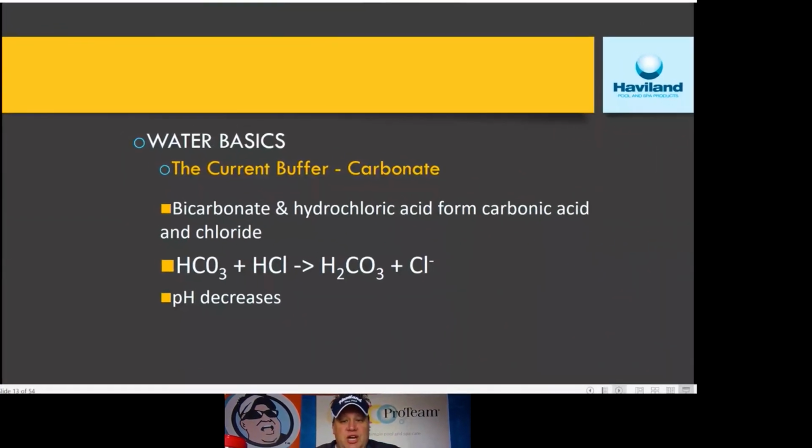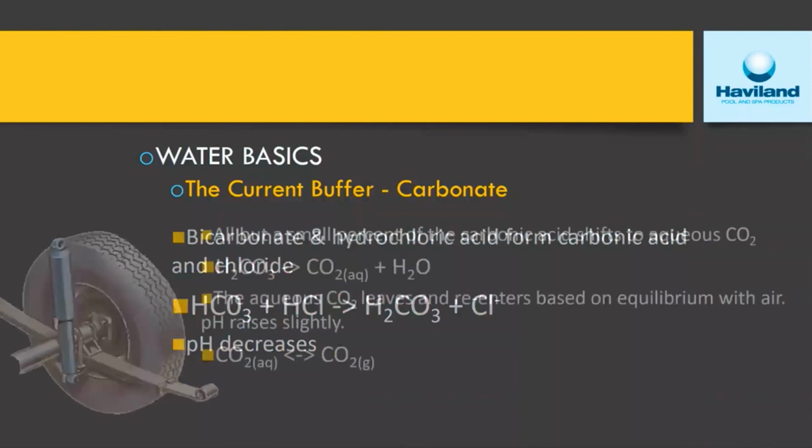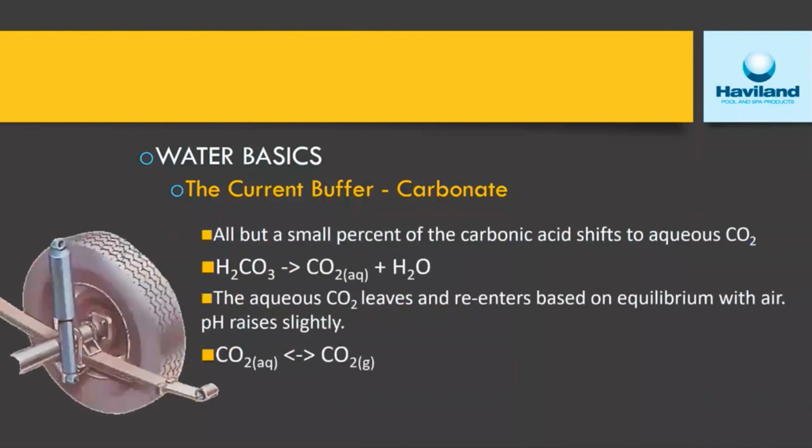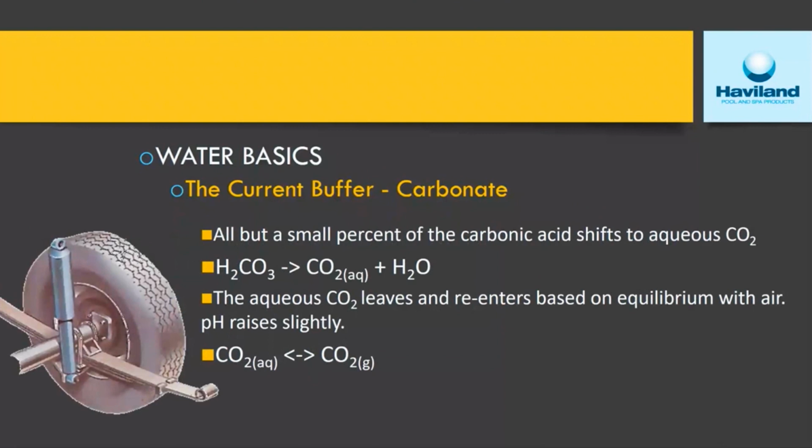Great, that's what our objective is. True, but a portion of that is actually shifted to aqueous CO2. Now, CO2 leaves and re-enters the water through the atmosphere all on its own, okay? The problem with that is, as that CO2 leaves, the pH comes back up.